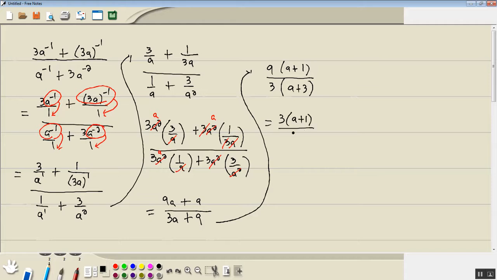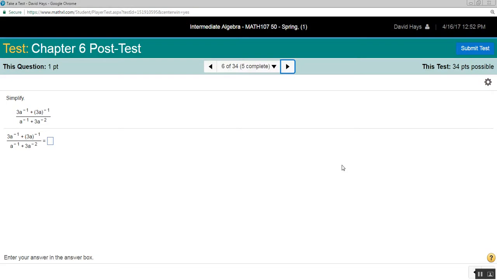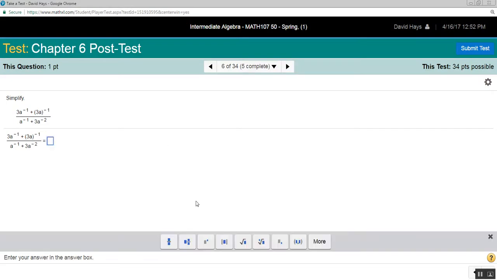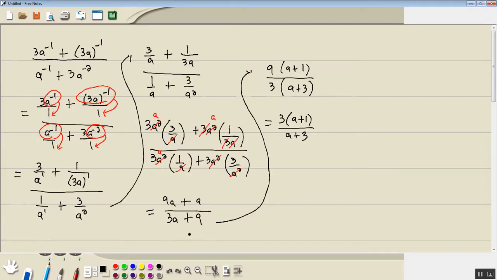A plus 1 over A plus 3. I'm assuming they don't want us to multiply that back through, but we'll see. 3 times A plus 1 over A plus 3.